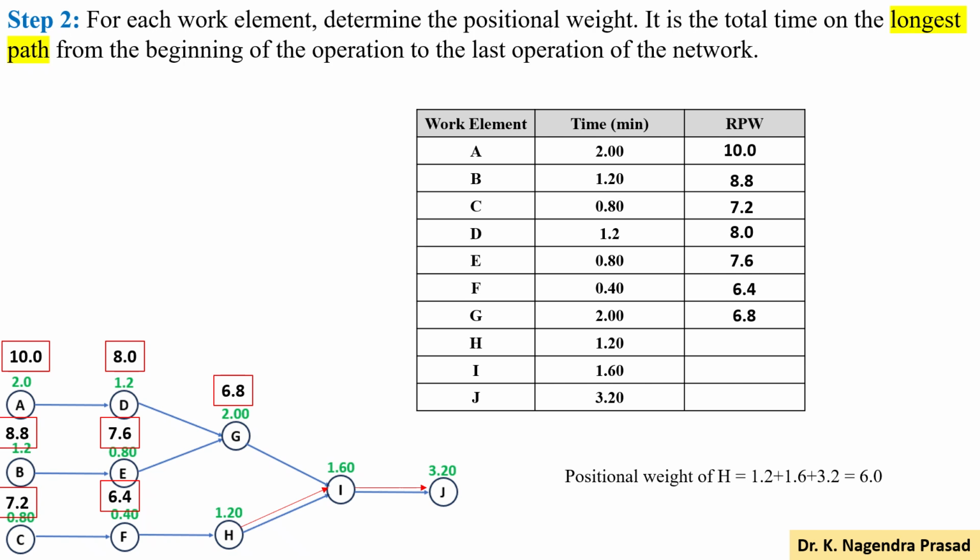It is 6. So RPW value for the work element H is 6. And next for the work element I, there is only one path, that is I to J. Its positional weight is 1.6 plus 3.2. It is 4.8. And next, the positional weight of the work element J is 3.2.